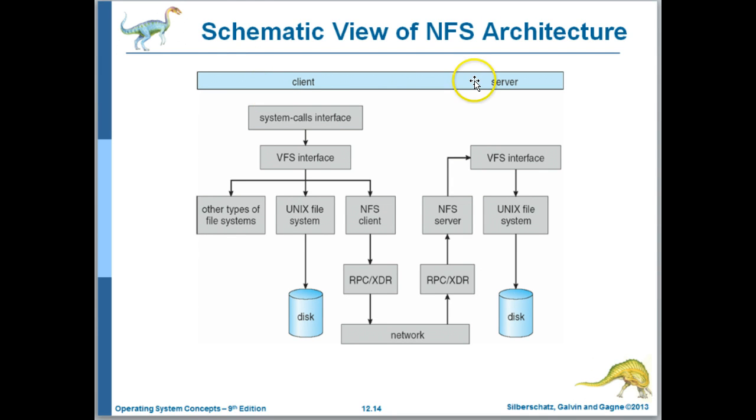Here are the client and server applications that interface to the kernel through system calls. The VFS abstraction interfaces to the NFS client, to RPC, XDR, then the layers of a networking protocol, and then up the stack through NFS on the server and down through the traditional Unix file system.